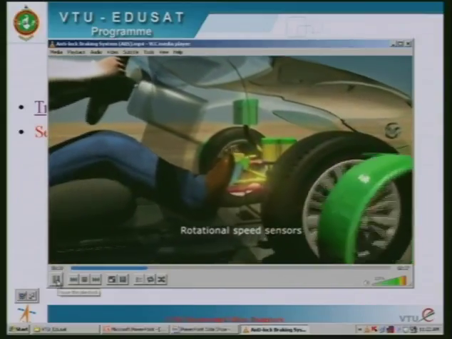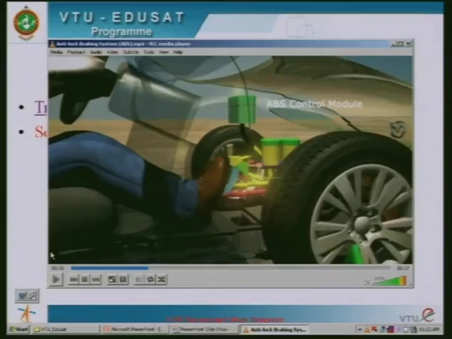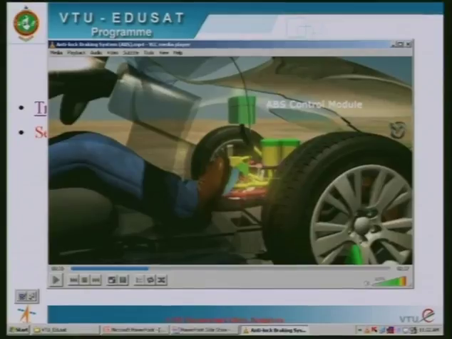Sensors on each wheel. Let me stop here. As the driver is driving the car, there are sensors mounted not really on the wheels, but on the shaft of the wheel.